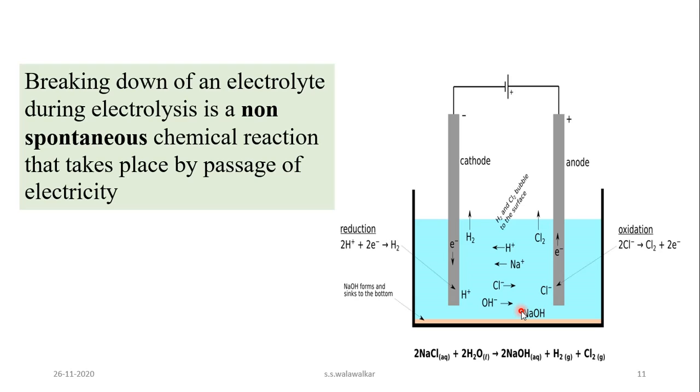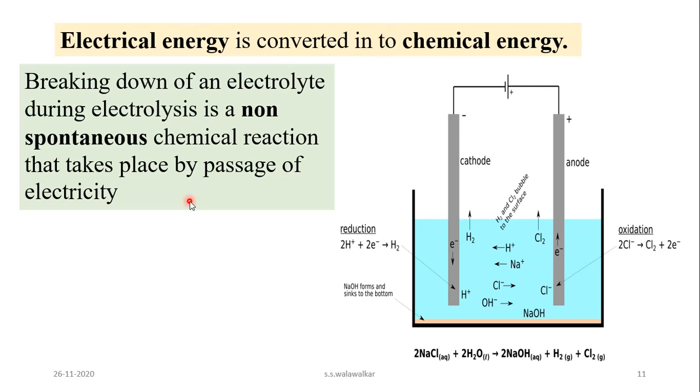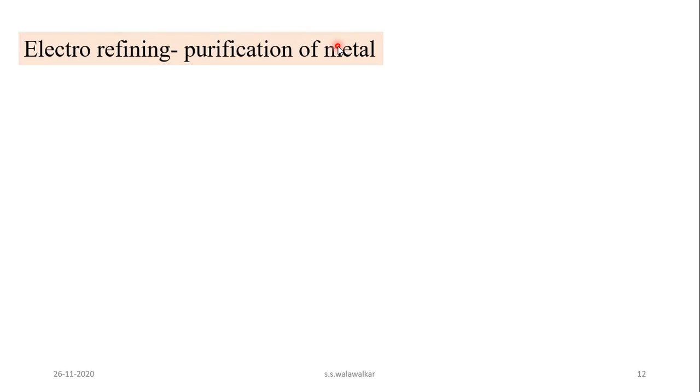So the breaking down of an electrolyte during electrolysis is a non-spontaneous chemical reaction, and that takes place by passage of electricity. And therefore here electrical energy is converted into chemical energy. Electricity is required to produce a chemical reaction. So electrical energy is converted into chemical energy.